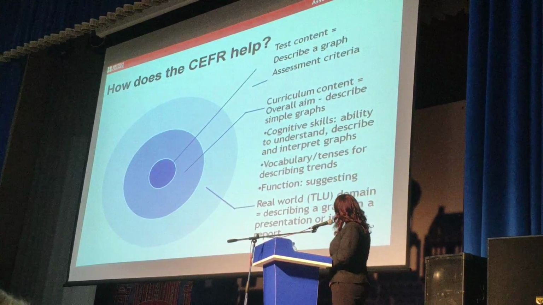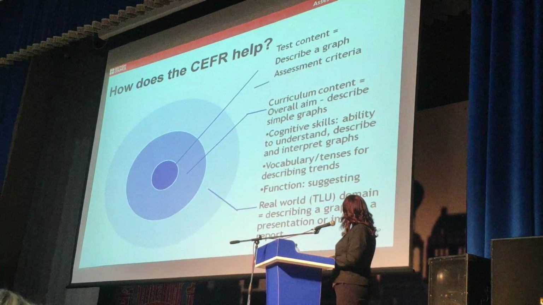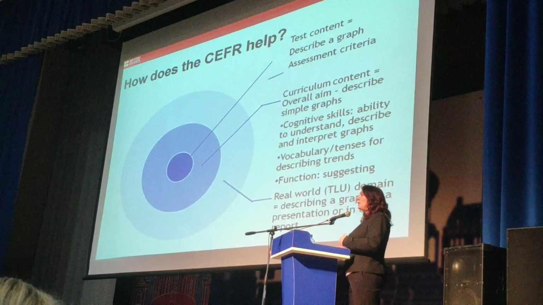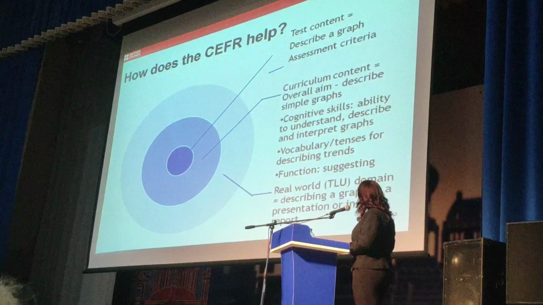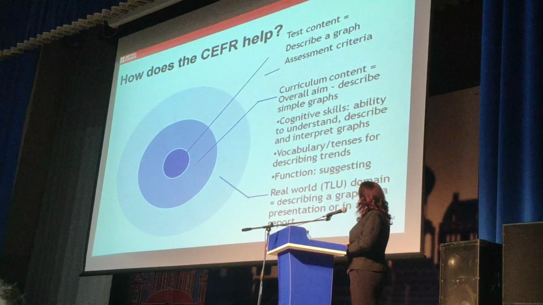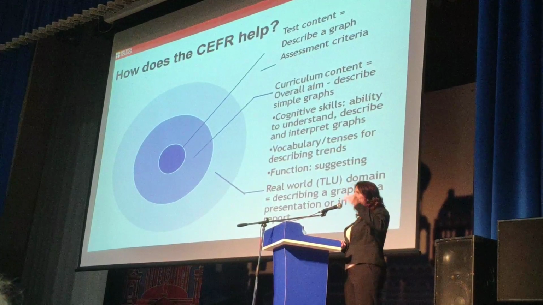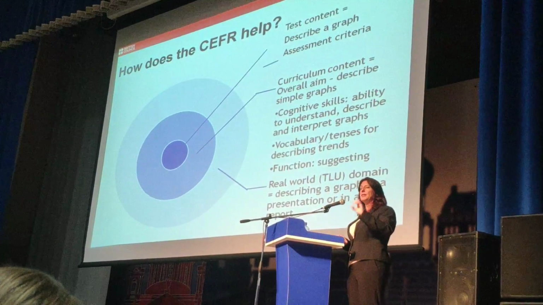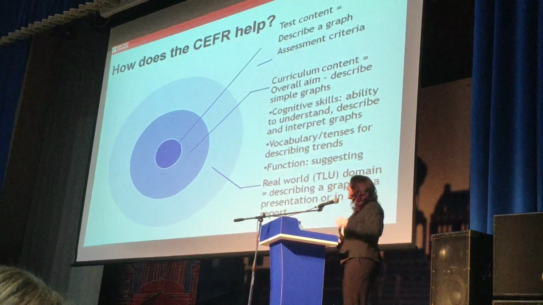We've got the curriculum content, which is the ability to understand, describe and interpret graphs, and then we have to teach them vocabulary and tenses for graphs, and the function of suggesting reasons why the changes might have happened. And that gives us then our test content, which is to describe a graph with the assessment criteria at the different levels, so that we know if this person can do this, then at this level, if the performance is this, that matches this descriptor, it's this level, and so on.